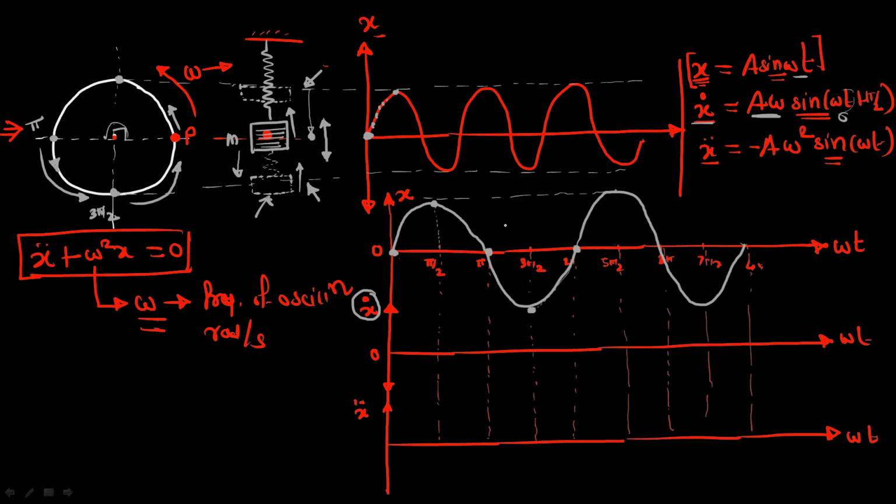I will write here x dot equals a omega sine of omega t plus pi by 2. Put the value omega t as 0, then omega t plus pi by 2 becomes pi by 2.